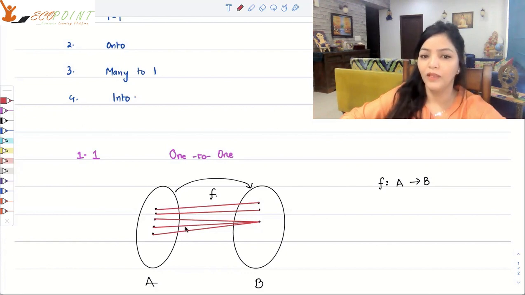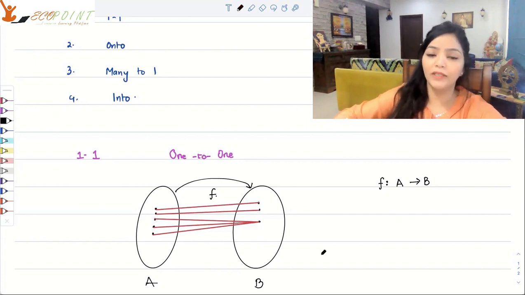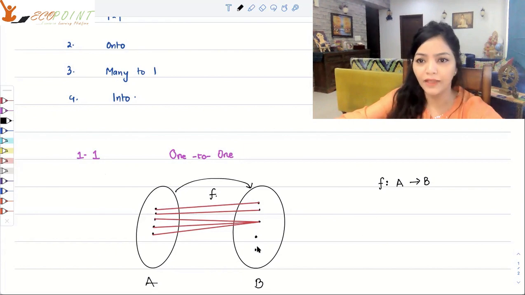Okay. Now, when this is happening, it's a valid function. We don't have any issue. We can even have free floating elements here. It is still a valid function. The restriction is that for every element in A, we need to have a unique image in B. That's the definition of a function.